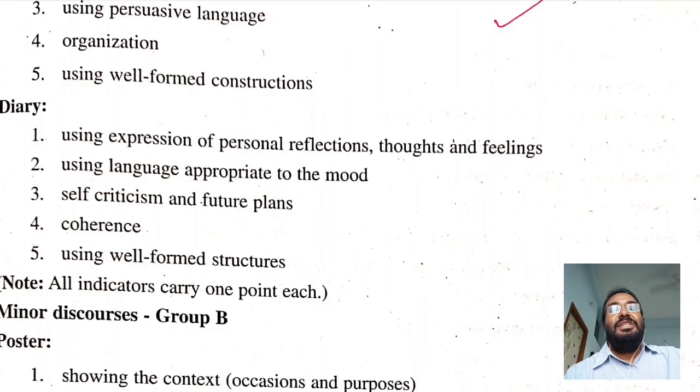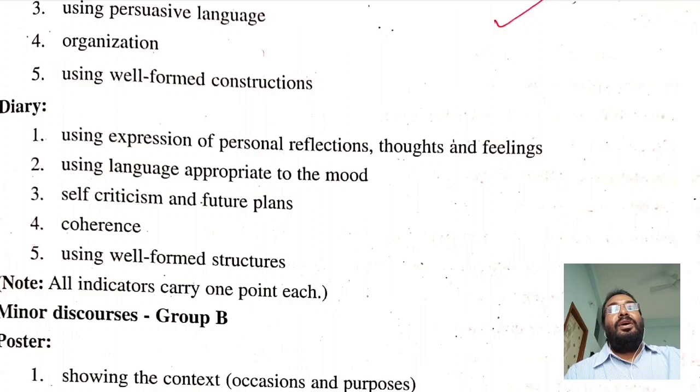Why auspicious? Because that was the day of their housewarming. But in the diary, what is most important? The death of her husband. So how should she start? Not that it's an auspicious day, but you have to say, oh my God, what happened today? I cannot remember. I cannot think about it. My husband is no more there. That is the beginning of a proper diary.